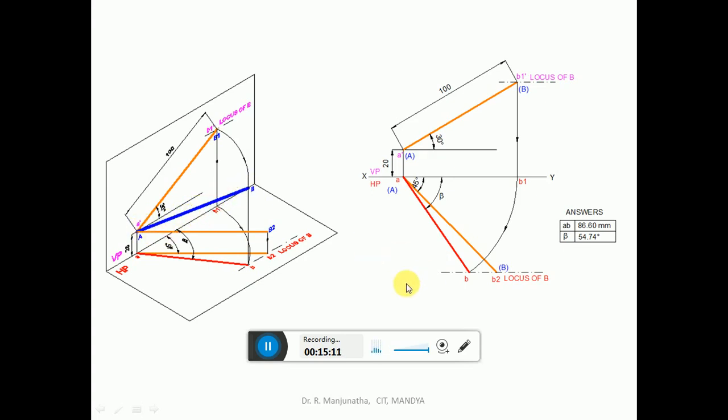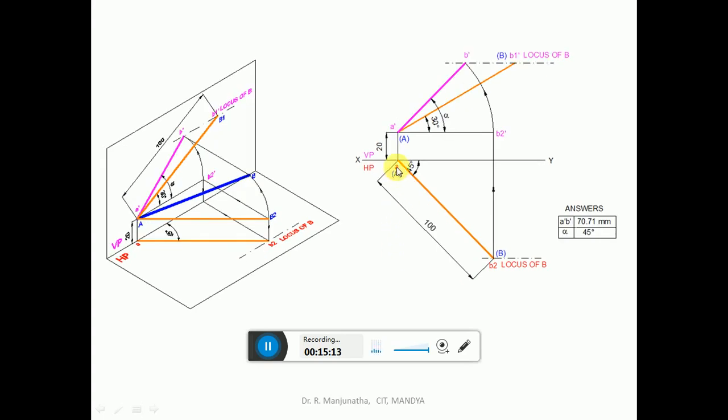Similarly, now we are considering the top view and also the front view true length, because we have this locus. So we are projecting the top view true length onto the front view such that A dash is above HP by 20 mm and B2 dash is also above HP by 20 mm. So this is the line which is parallel to HP.